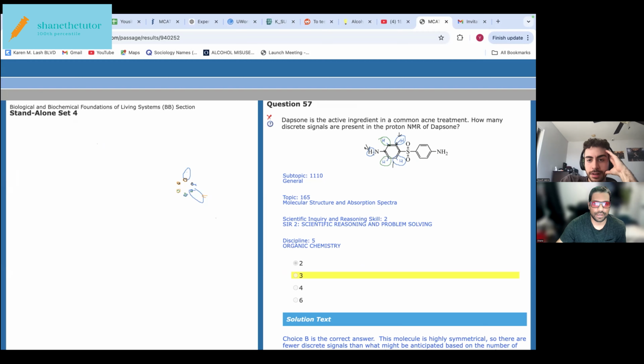Basically, the blue hydrogens have two neighbors, so that'll give you your triplet, and same thing for this one. And then for this one, you'll just get your singlet. The singlet is the one that has no neighboring hydrogens. So this one right here would be a singlet.